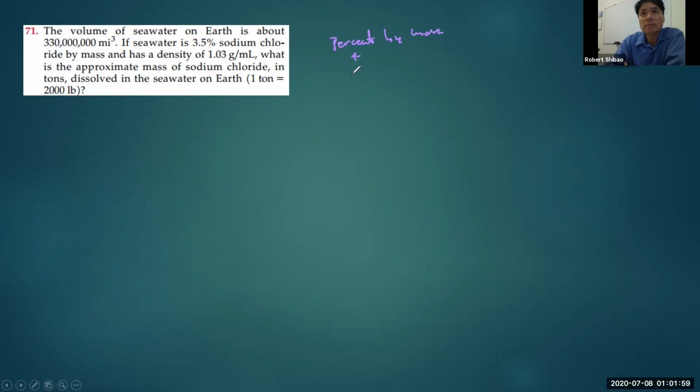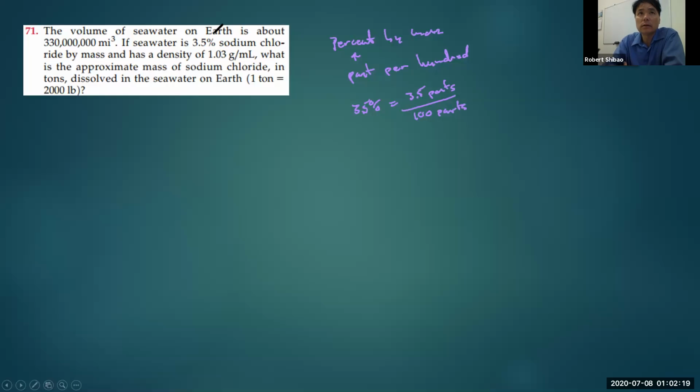Percent means part per 100. And so if we have 3.5%, what that means is we have 3.5 parts per 100 parts.